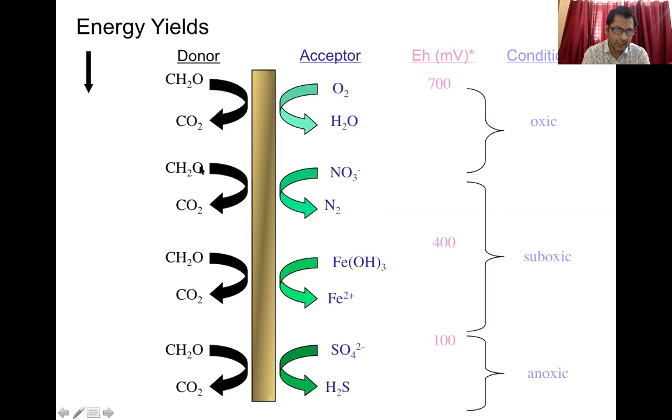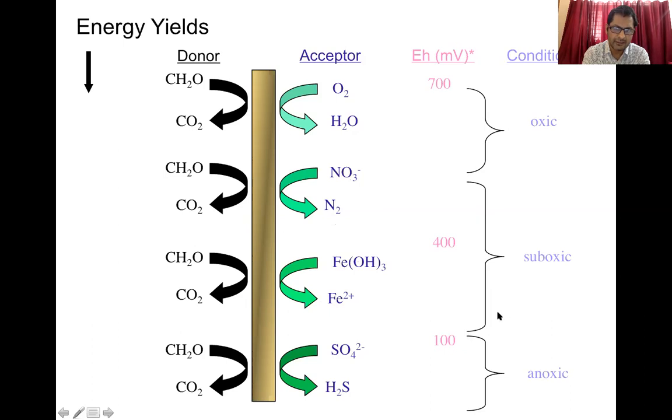Then if oxygen is not present, there are certain organisms which can use nitrate, sulfate, or iron. In these conditions, the electron donor, glucose, is again converted into CO2, and the terminal electron is taken up by nitrate and converted into nitrogen, or taken up by ferric, Fe3+, and converted into ferrous, Fe2+.